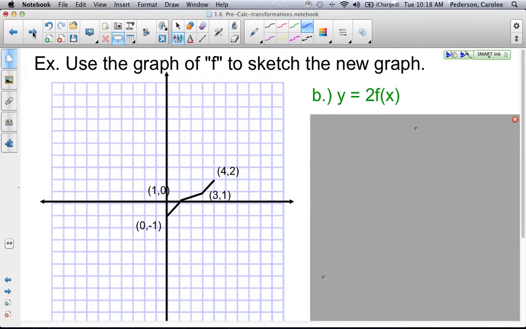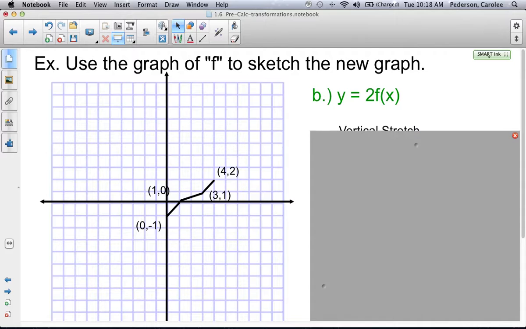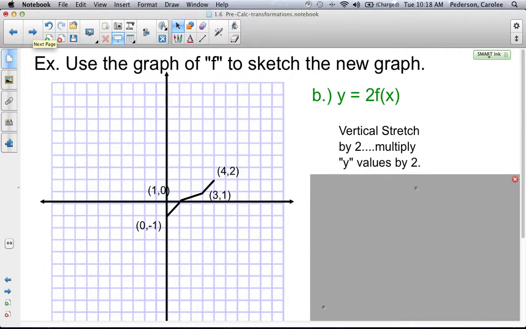Next example. This is what I would say maybe I would write down, because now it's focusing on a vertical stretch. What it's saying is take this black function, and now what's in front of that function? A 2. It's a multiplier. It's in front of the function. So what we have to do is we have to vertically stretch by a factor of 2.